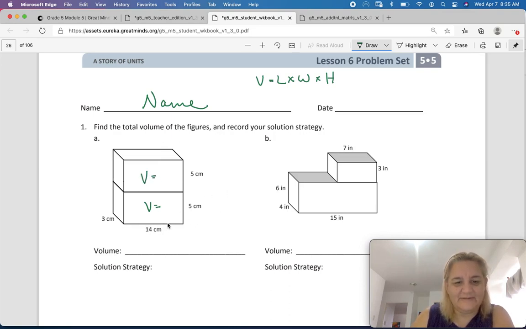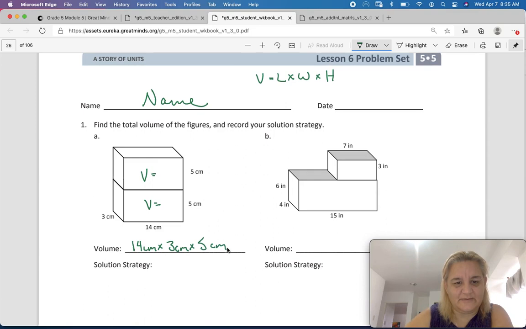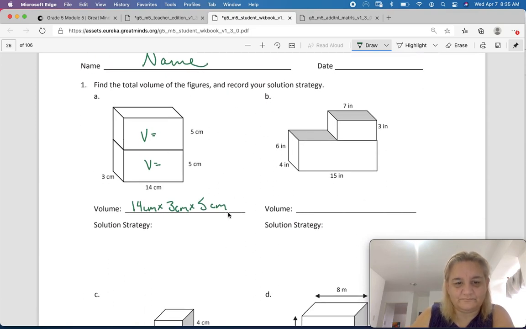So let's do the bottom rectangle first, and in fact, they're exactly the same, so we could just multiply by 2. Strategies, okay. So length is 14 centimeters. Width is 3 centimeters, and height is 5 centimeters, okay, of the bottom one. But because there are 2 of those and they're identical, we're going to take the whole thing and multiply it by 2.